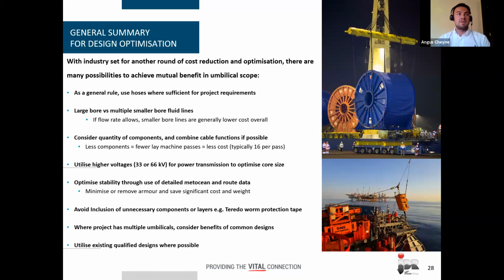That can save significant cost and also reduce the weight of the umbilical, which may save on transportation costs. We should also avoid inclusion of unnecessary components. An example of that is Teredo worm protection tape, which is an outdated requirement.